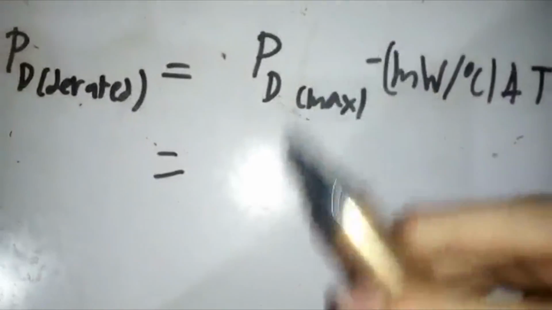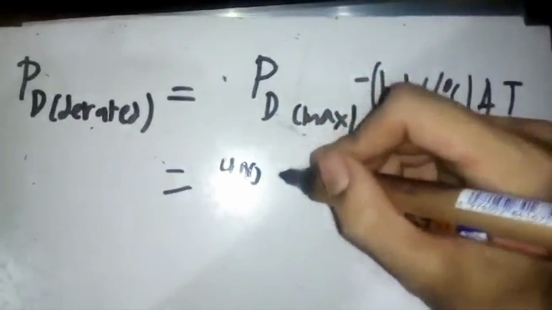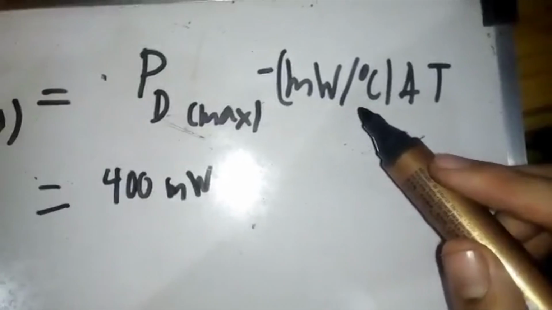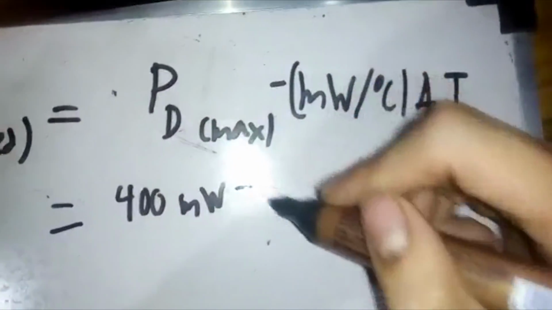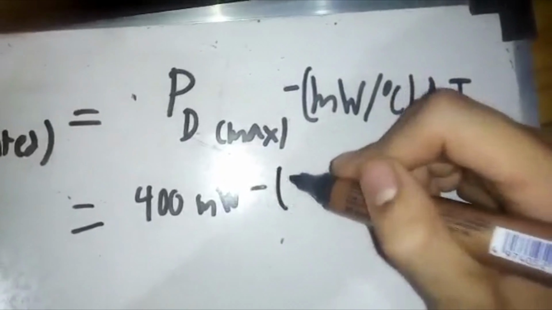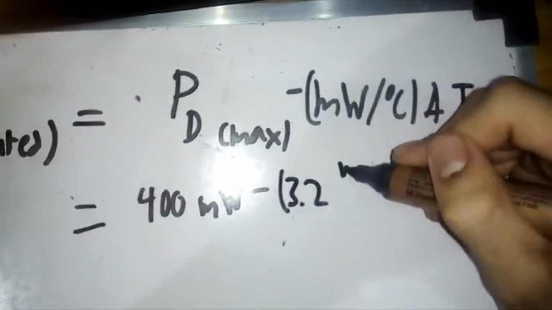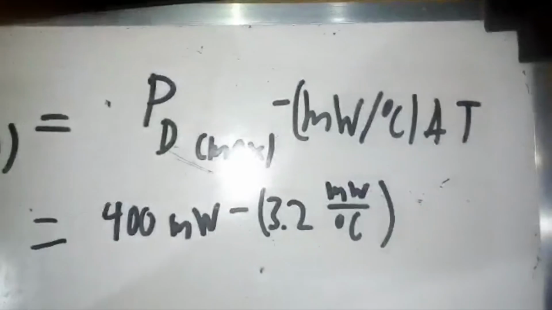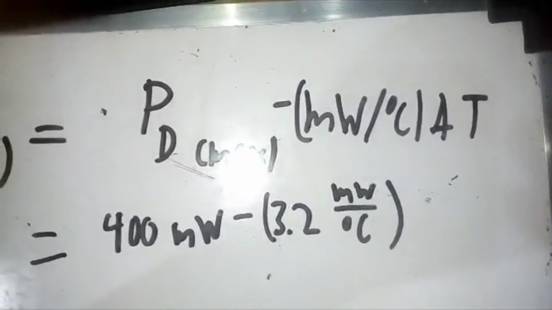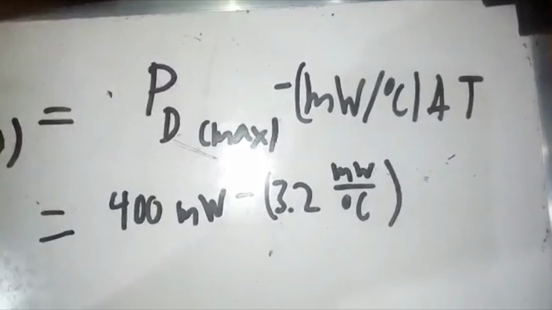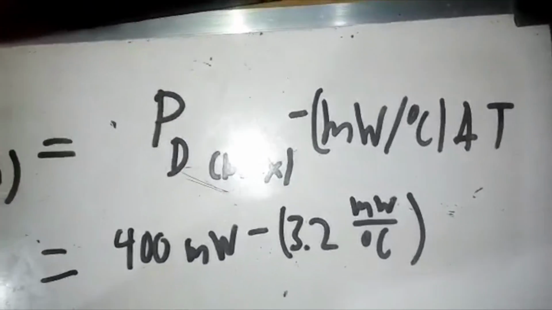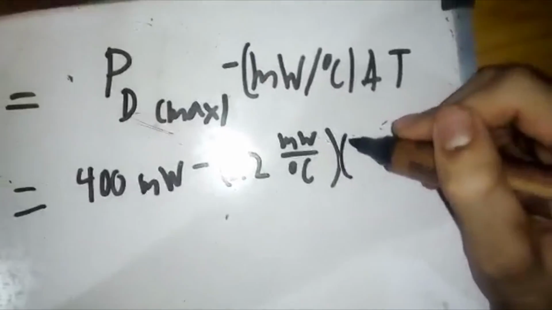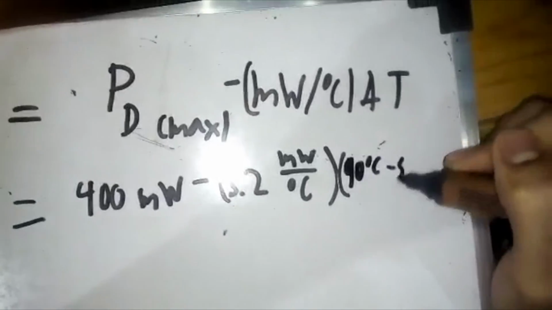PD max equals 400. The milliwatts per degree centigrade is also given in the problem as 3.2. For the change in temperature, since the Zener is to dissipate at 90 degrees and the maximum power rating is at 50 degrees, we have 90 degrees minus 50 degrees.